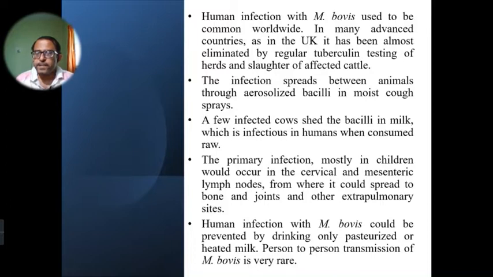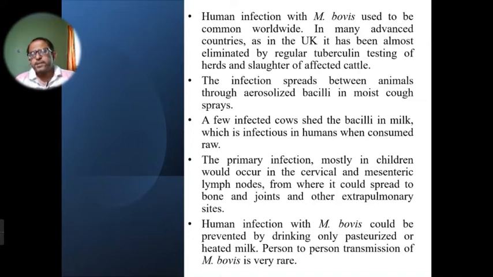Means without any treatment, if such milk is consumed by a human, then in that human this raw milk may act as a mode of transmission through which Mycobacterium bovis bacteria can be easily transferred, and it may initiate the infection in that host.